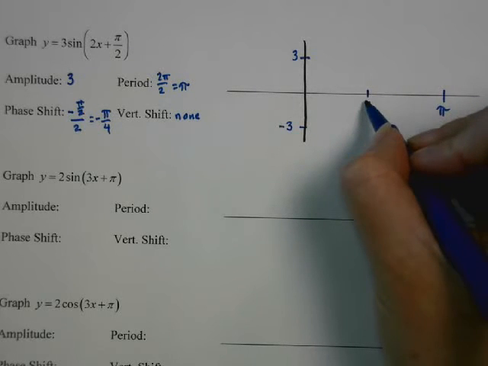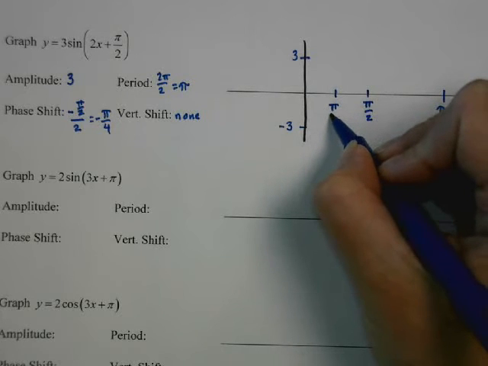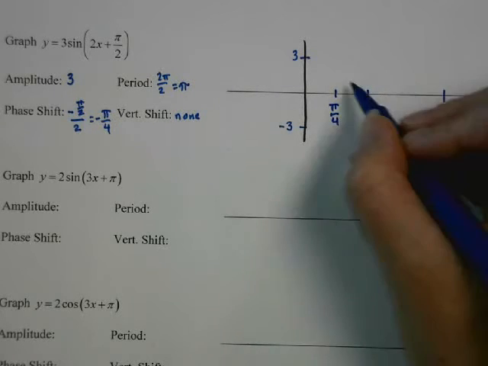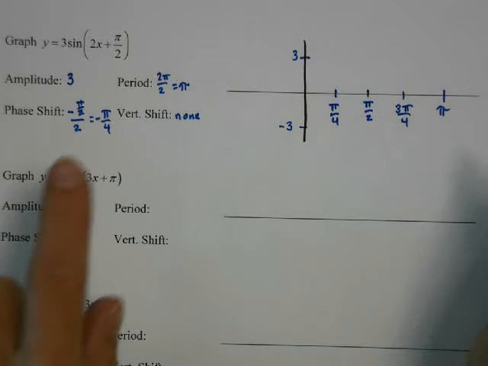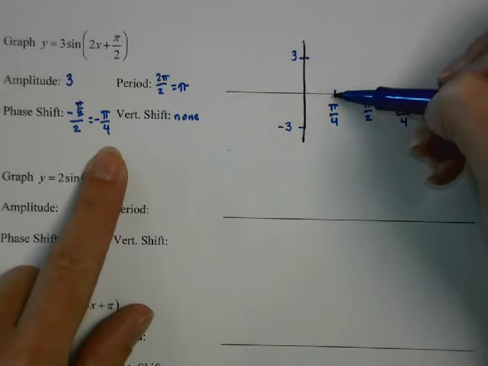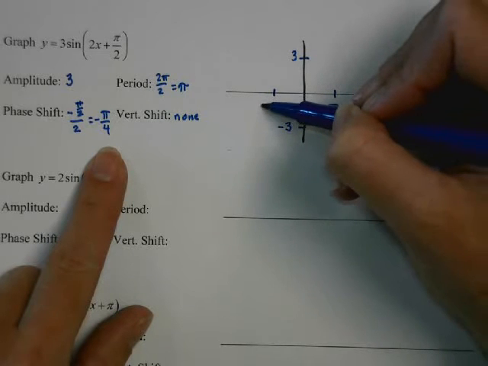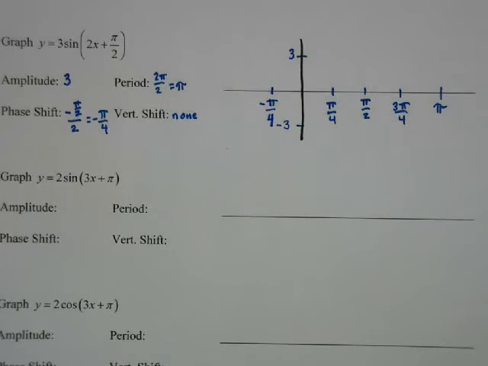Cut that in half is pi over 2. Cut that in half is pi over 4. So pi over 4, 2 pi over 4, 3 pi over 4. But then for my phase shift, I need to shift this whole thing back pi over 4. So if this is pi over 4, that's negative pi over 4.